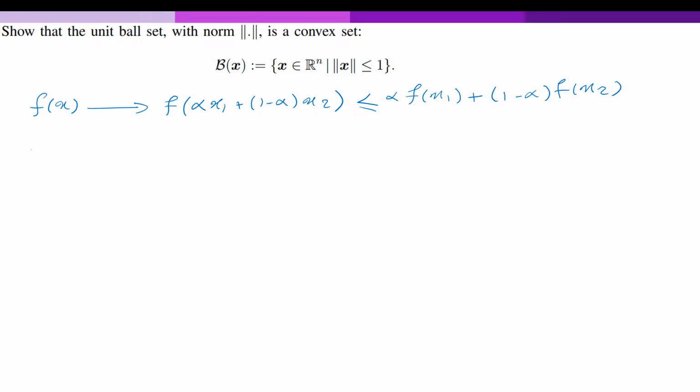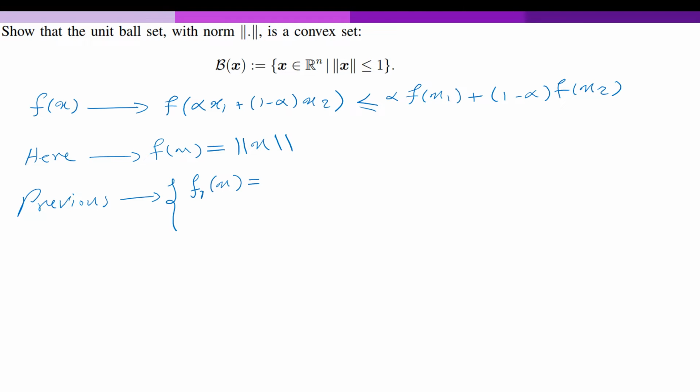So here f of x is the norm, and in the previous example we actually had two functions. The first one was a matrix multiplied by x, and the second one was another matrix C multiplied by x.